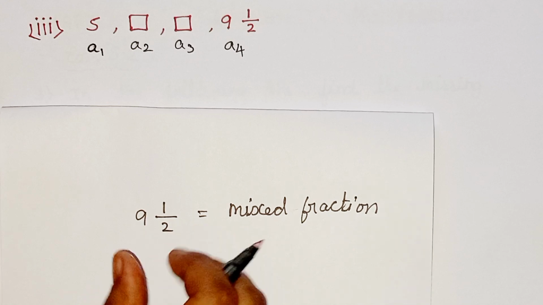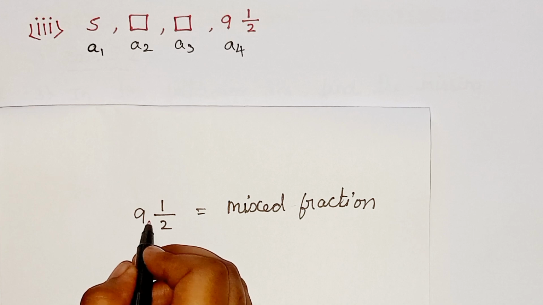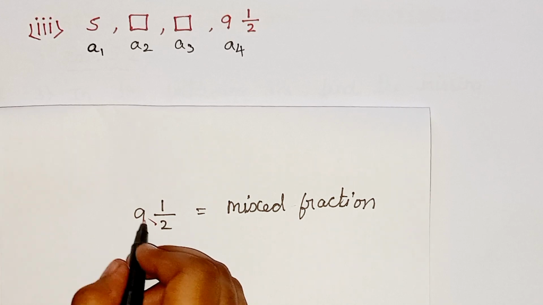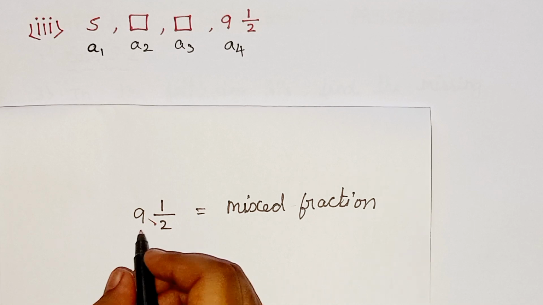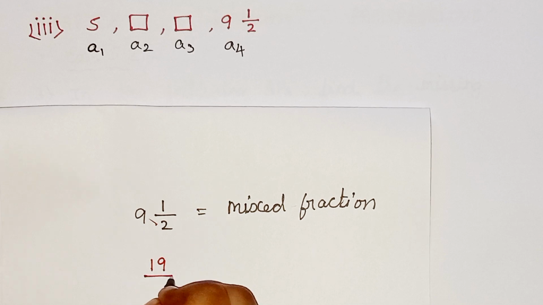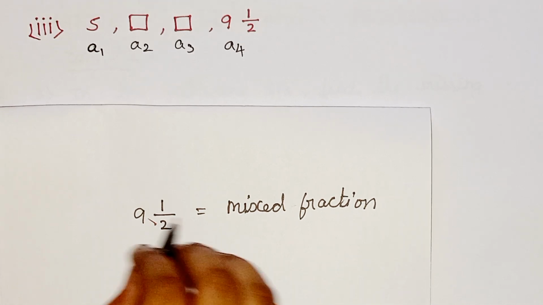Okay, so if you want to make it a proper fraction, what we have to do is multiply these two numbers. So multiply 9 twos are 18. 18 plus 1 is 19. So 19 divided by 2. Okay, this is how we are supposed to do it.